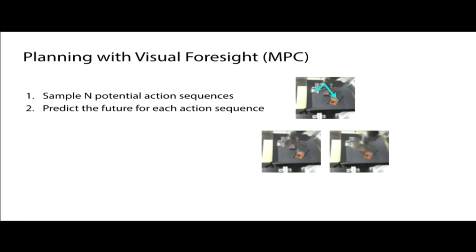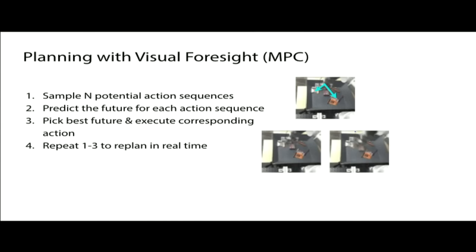So maybe these are the 2 predictions for those 2 possible action sequences. And then we pick the future that we like the best and execute the corresponding action. And then we can repeat steps 1 through 3 to replan our actions for the future that we like best in real time. And so this is exactly model predictive control, except it's using images rather than using the ground truth state of the system.